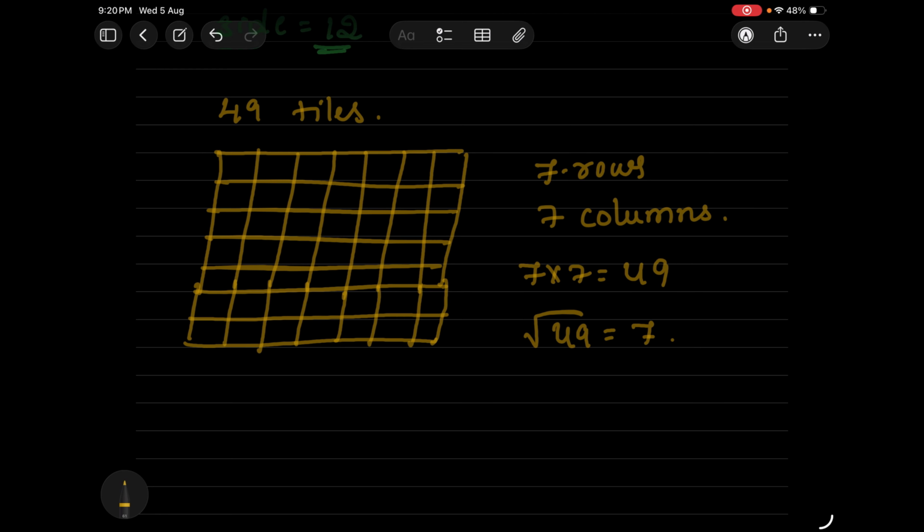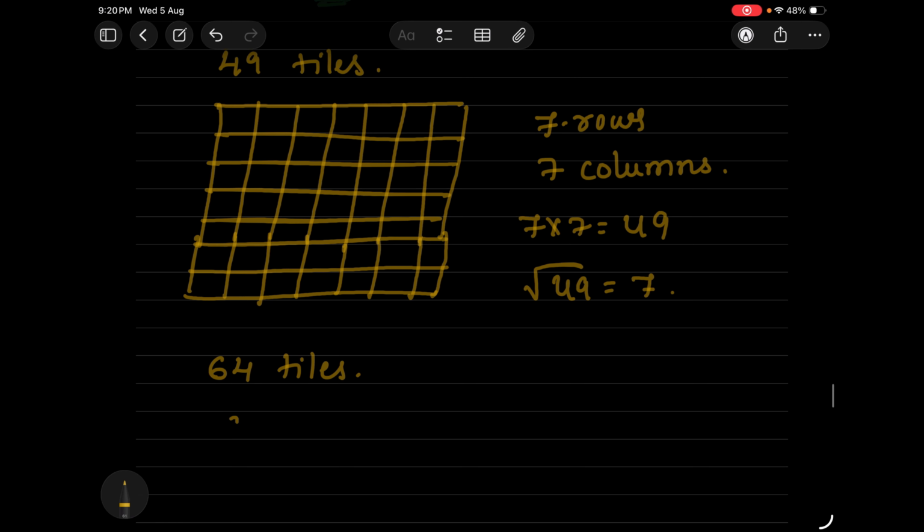Now imagine you are arranging 64 tiles. You arrange them as 8 rows and 8 columns. So, the square root of 64 is 8. This visual method helps you understand square roots instead of memorizing them.